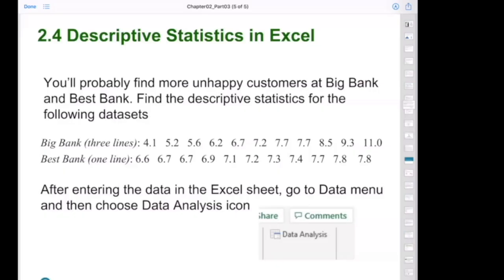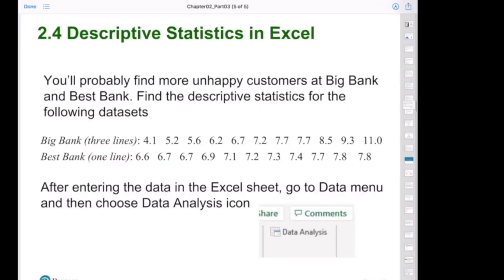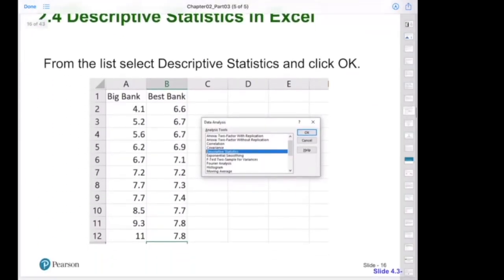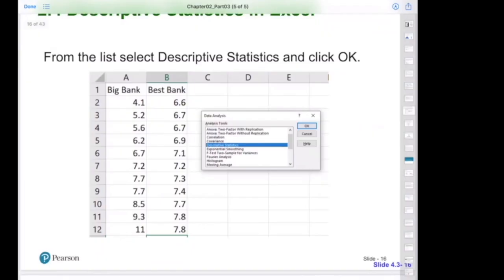So as you can see here, you will use the data analysis icon. If you remember, we used it last time for the histogram. So today you can use it again, but this time you will use something else. We call it descriptive statistics. After you go to data analysis, you will have this window.